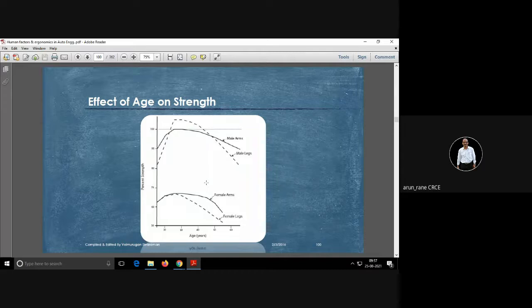If the people are older, you may have some pneumatic wrenches, because older people cannot use a spanner for tightening the bolts. If you provide them with a lightweight pneumatic wrench, not heavyweight, they can speed up the assembly or production process.